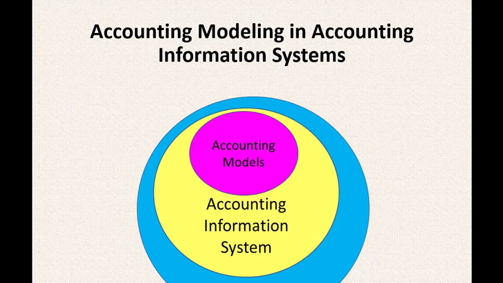These are accounting information systems or accounting processing systems. An accounting information system is not as sophisticated as an ERP system, and not as expensive, but to a certain extent accounting information systems are also expensive. We are not going to talk about accounting information systems in accounting modeling.